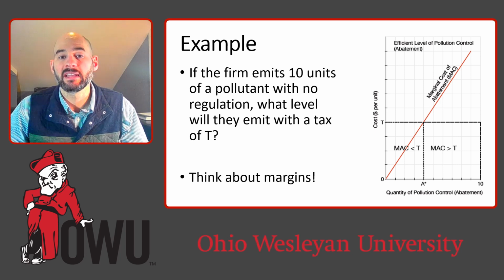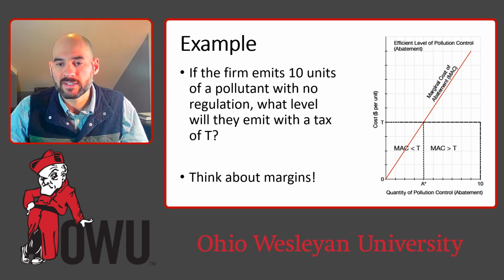And thinking about what the efficient level, how much that firm would choose to abate given a tax at price T, we're going to think about their marginal decision making. So for those first couple of units of abatement, going from 0 abatement to 1 unit of abatement, 2 units of abatement, the marginal cost of abatement is going to be less than the tax.